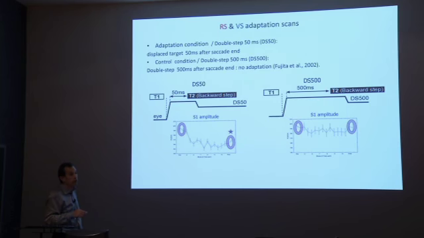Why did we use this delay? Because some people like Fujita previously demonstrated that when you step the target from T1 to T2 some time after the saccade, you elicit corrective saccades, but you don't elicit any adaptation. So for us, this was a very good control for visual stimulation and eye movements.